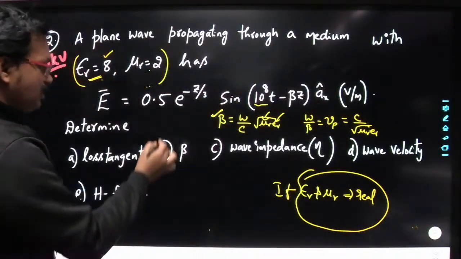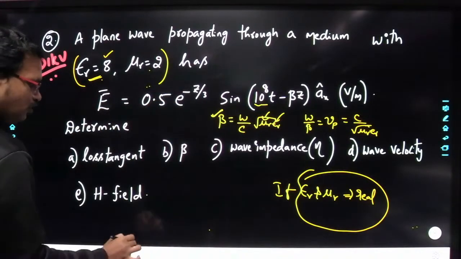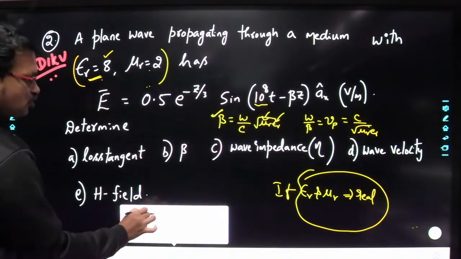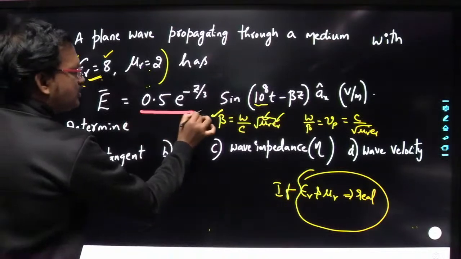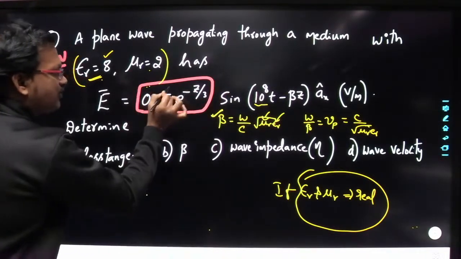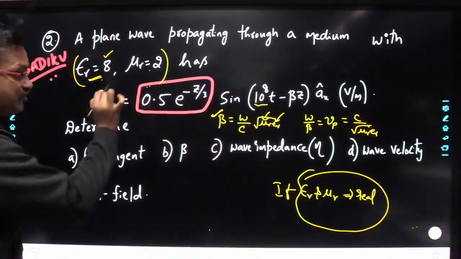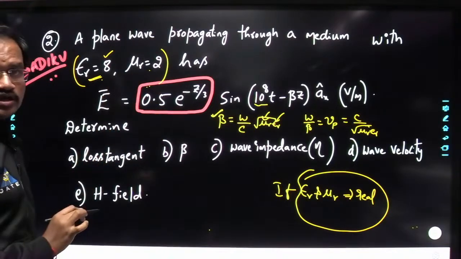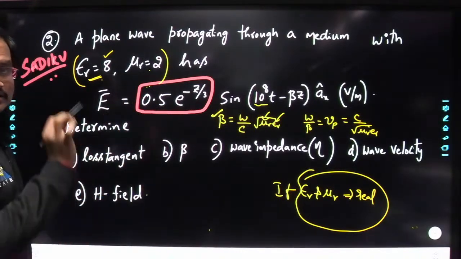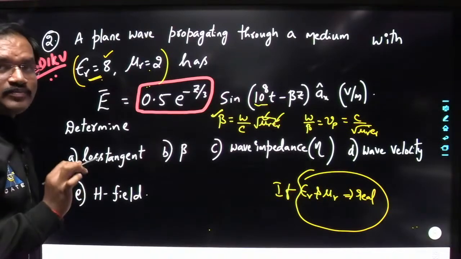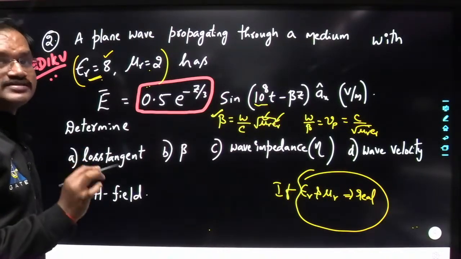Understood? So by looking at this expression, we can judge. They have given the amplitude as 0.5 into e power minus z by 3, which means the amplitude is decaying. The amplitude is decaying means the medium is behaving as a lossy medium.